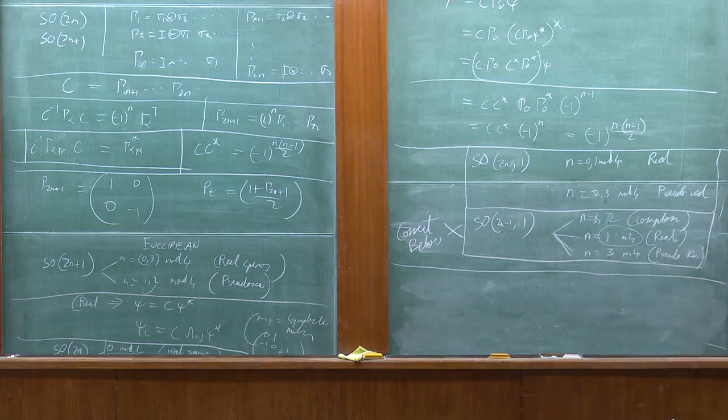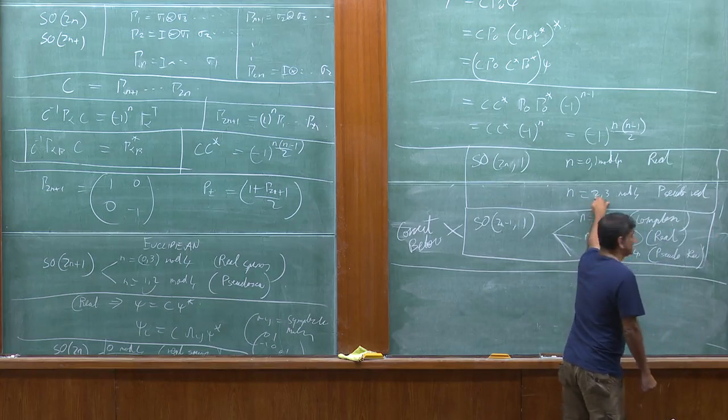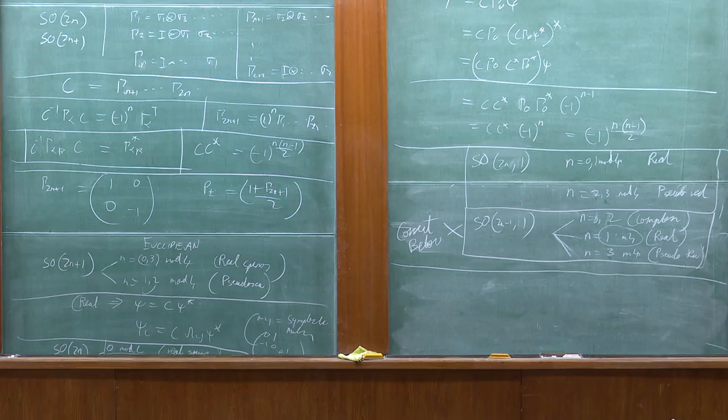So 3 and 9 are real spinors. On the other hand, 5 and 7 give you pseudo-real spinors. So in 5 dimensions and 7 dimensions you have pseudo-real spinors. In 3 and 9 you have real spinors. Good. Yes?